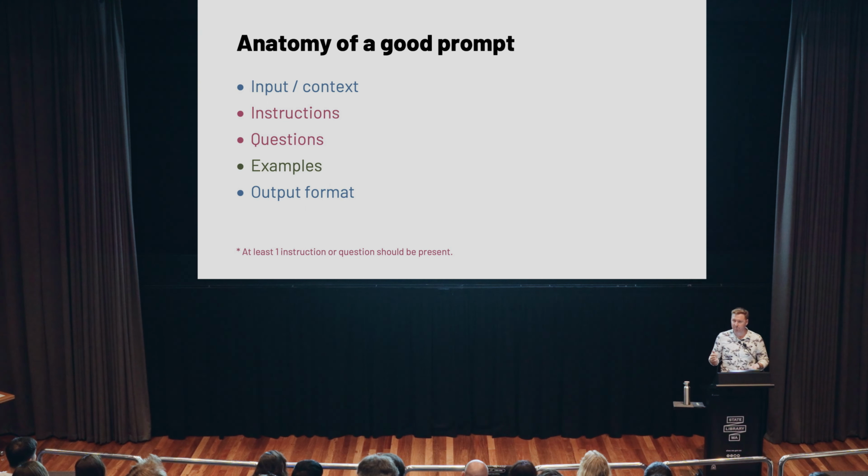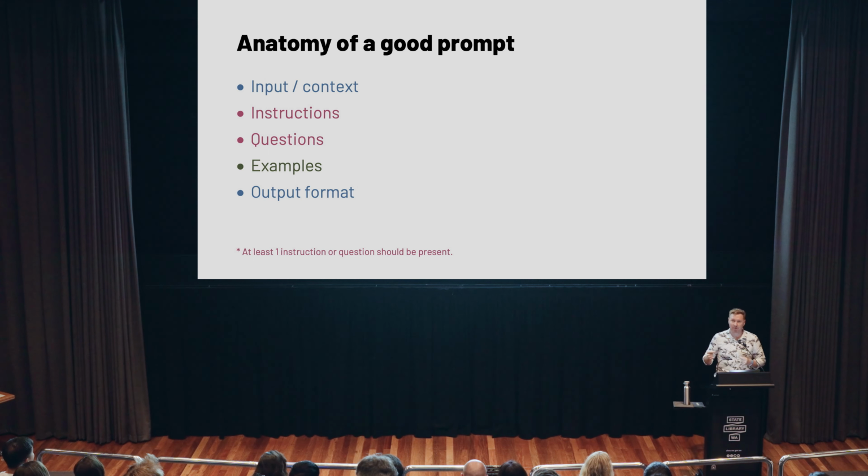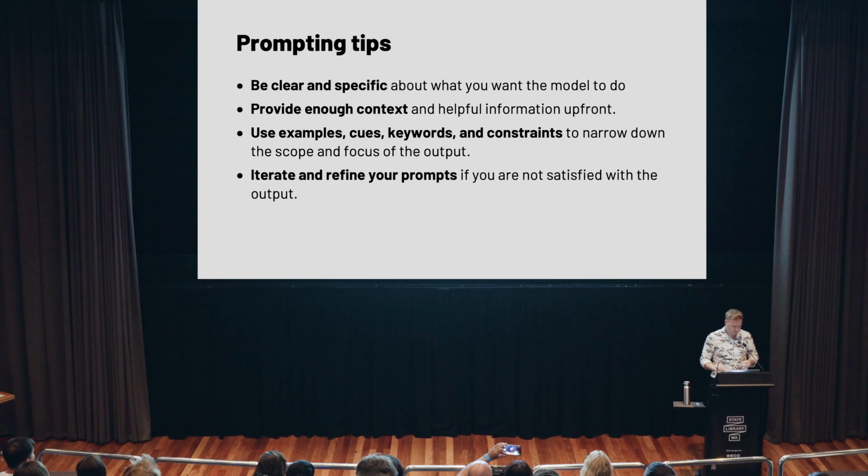You can optionally provide it examples, and it will really mimic those examples in its output. Or you can optionally describe an output format, like I want it in comma-separated values, I want it in a table, I want it in this, that, or the other, an image. I want it short, I want it targeted at somebody that's 10 years old. Whatever you want, that's where you sort of tailor your format. As a bare minimum, you need one of the red ones. You need an instruction or a question, bare minimum, and then you can optionally try adding the other things.